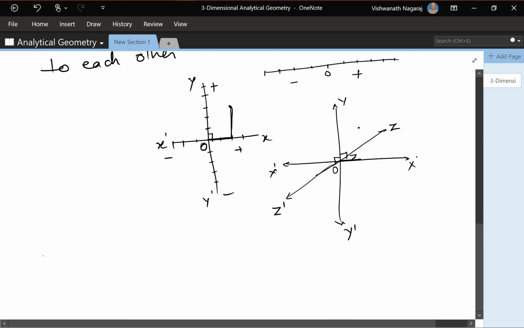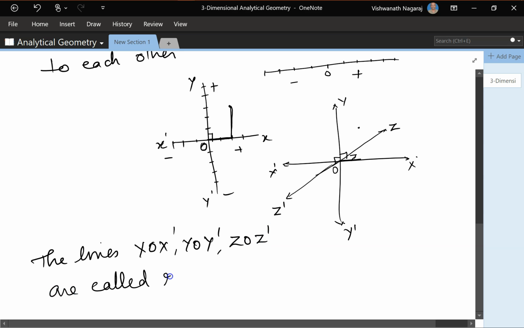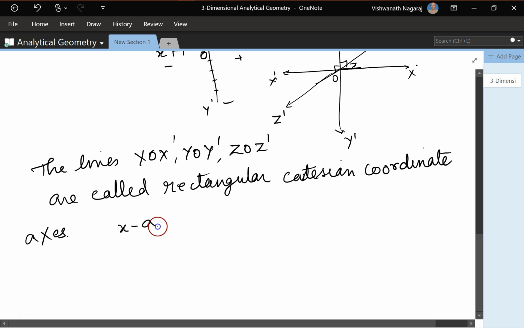What we have seen till now is the lines x o x prime, y o y prime, and z o z prime are called rectangular Cartesian coordinate axes: X-axis, y-axis, or z-axis. O is called the origin.